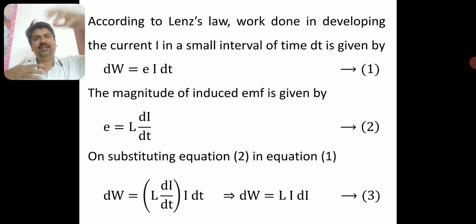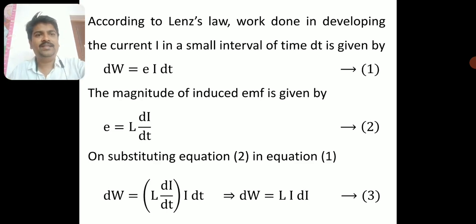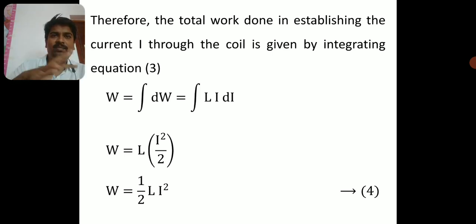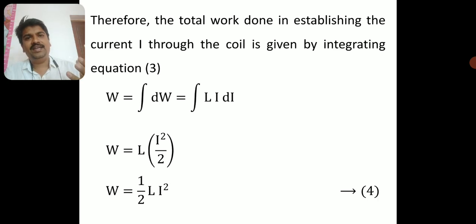If I want to calculate the full work done for a whole time t, then I need to integrate this. So the total work done in establishing the current I through the coil is simply the integral of dW, which is the integral of L i di.